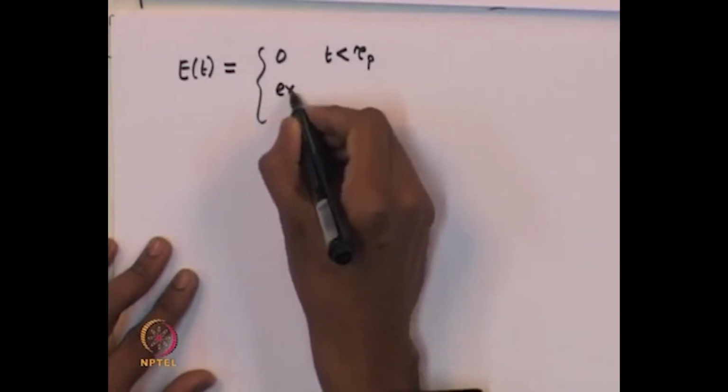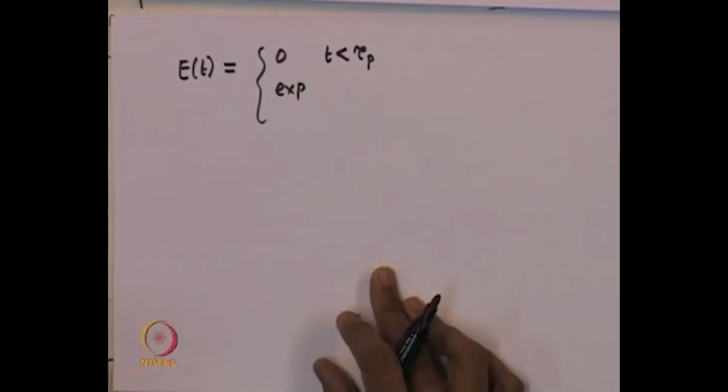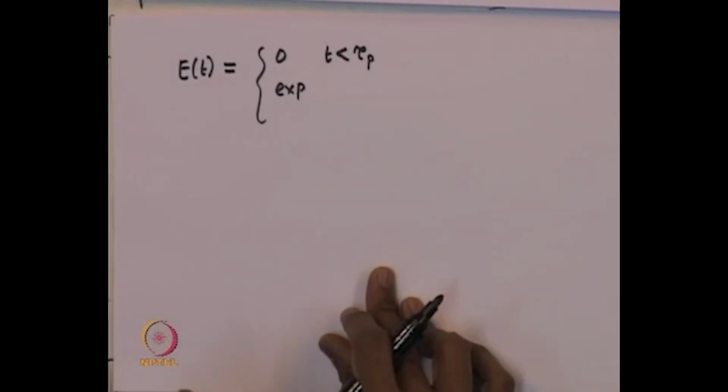For other times it will simply be the RTD function for the tracer that goes through the CSTR, delayed by the space time of the plug flow reactor.